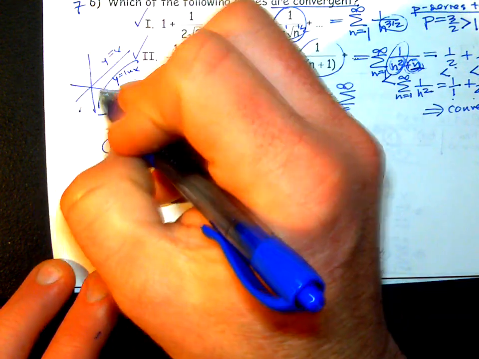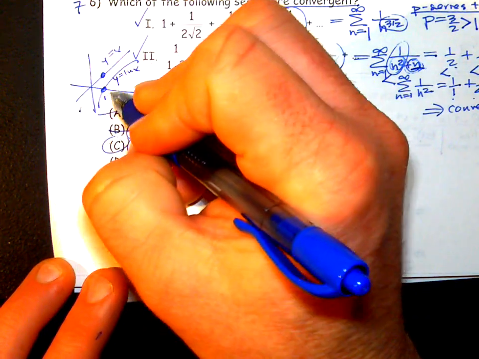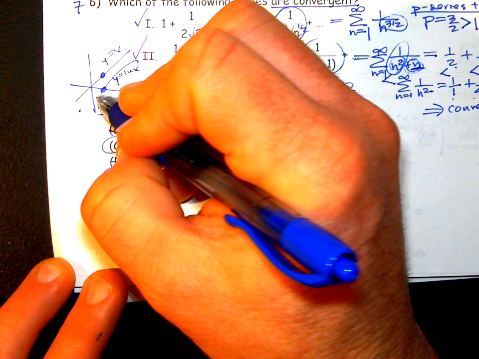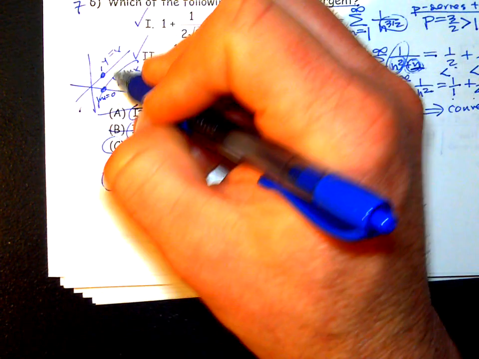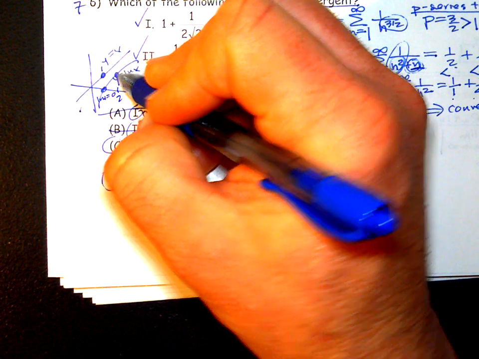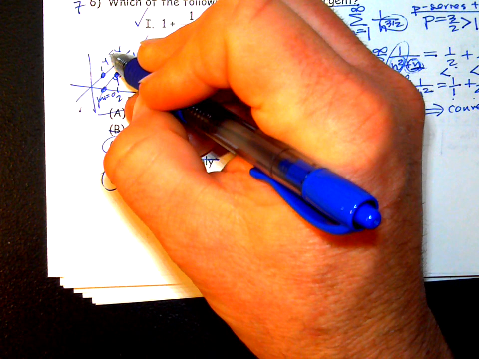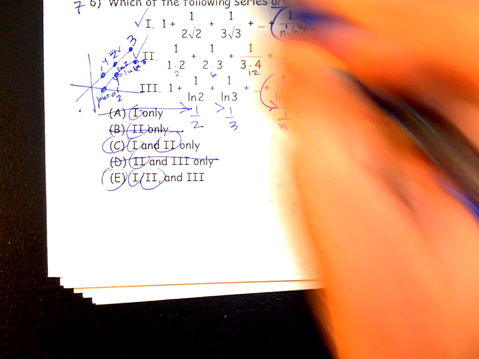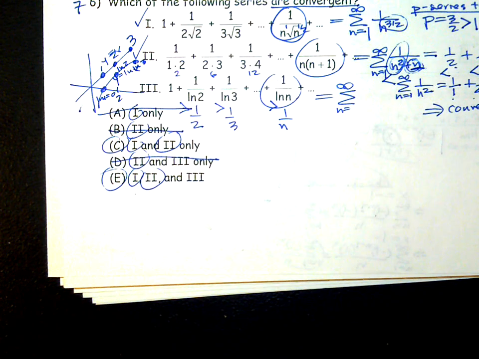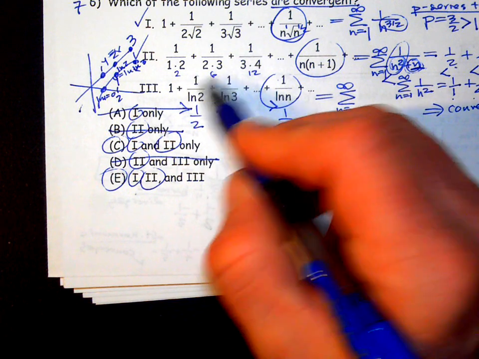And the way you can kind of confirm that, you can see this. Natural log of 1 is 0. Now it's less than 1. Natural log of 2 is less than 2. Natural log of 3 is less than 3. So because they have smaller denominators, they are bigger terms.